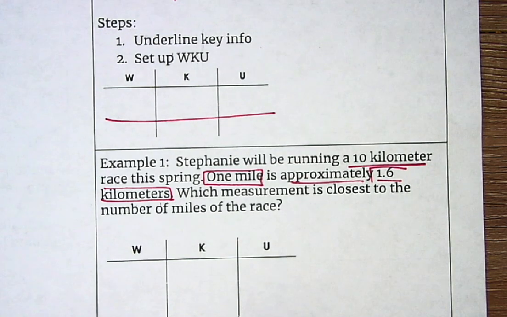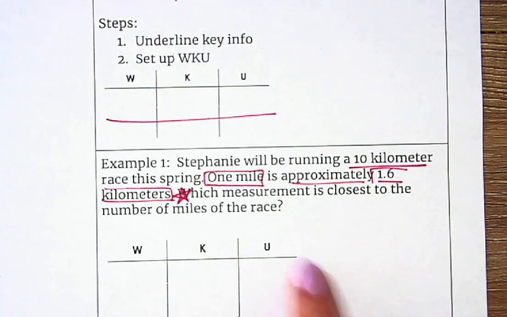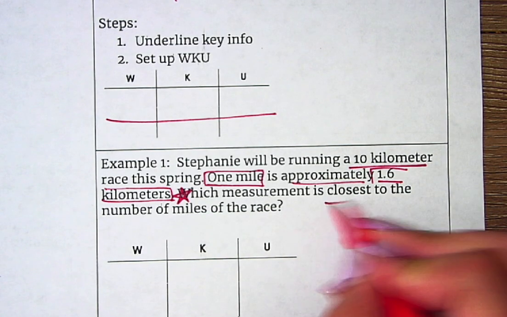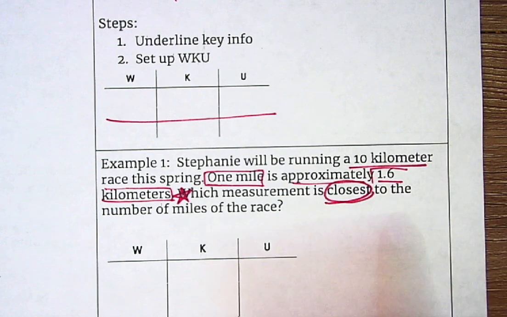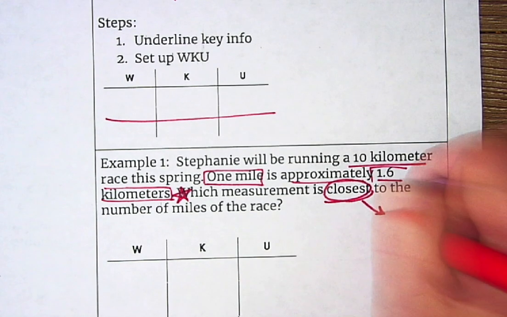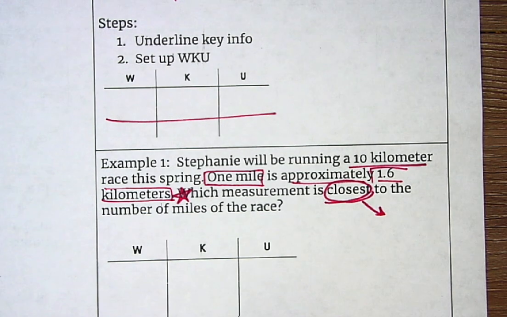Okay, the question, put a star next to the question. It says, which measurement is closest? Circle that word, closest, to the number of miles of the race. Closest means what? If it's closest, does that mean my number is going to be exact? No. That means it's going to be just about, or you're probably going to have to round here, okay?